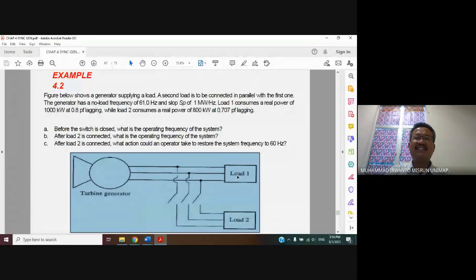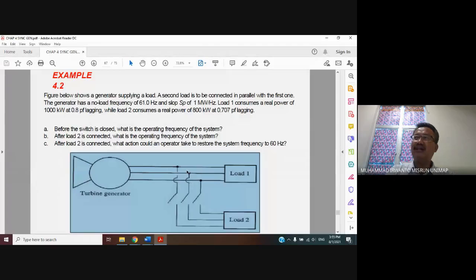What is the operating frequency of the system? We want to know the frequency of the system for the condition before this switch is closed. And the second, after load 2 is connected by this switch, how about the operating frequency of the system?